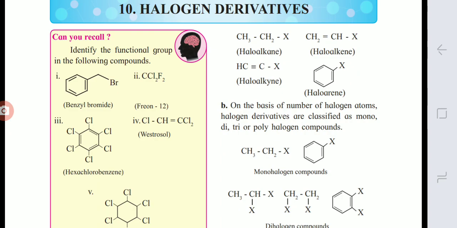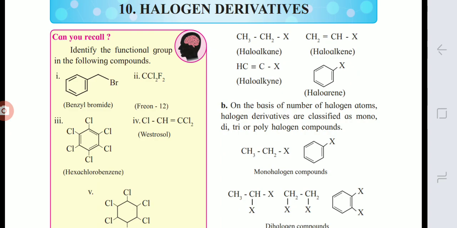In the next classification, which is based on the number of halogen atoms, they can be classified into mono, di, tri or polyhalogen compounds. Let us see the meaning of these words. Mono means single, di means 2, tri means 3. If there are more than 3 halogen atoms in your compound, the class name is polyhalogen compounds. Let us see the first class, monohalogen compounds.